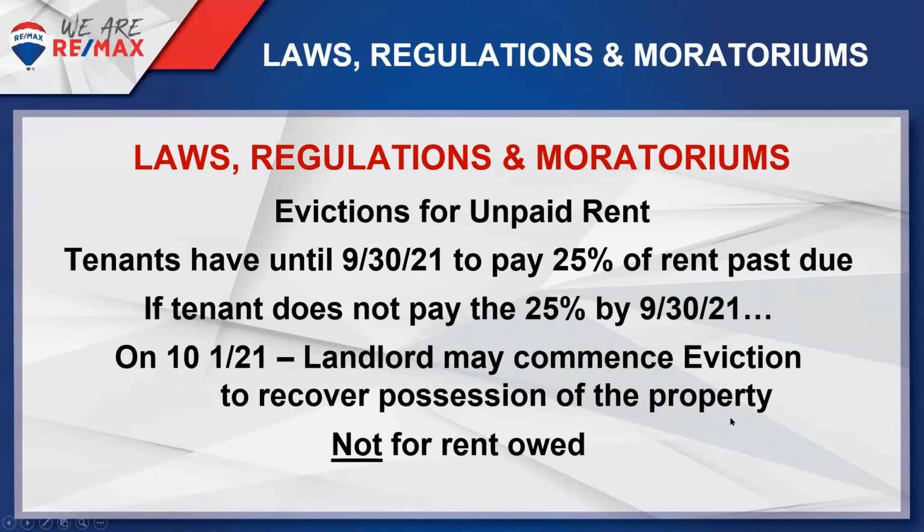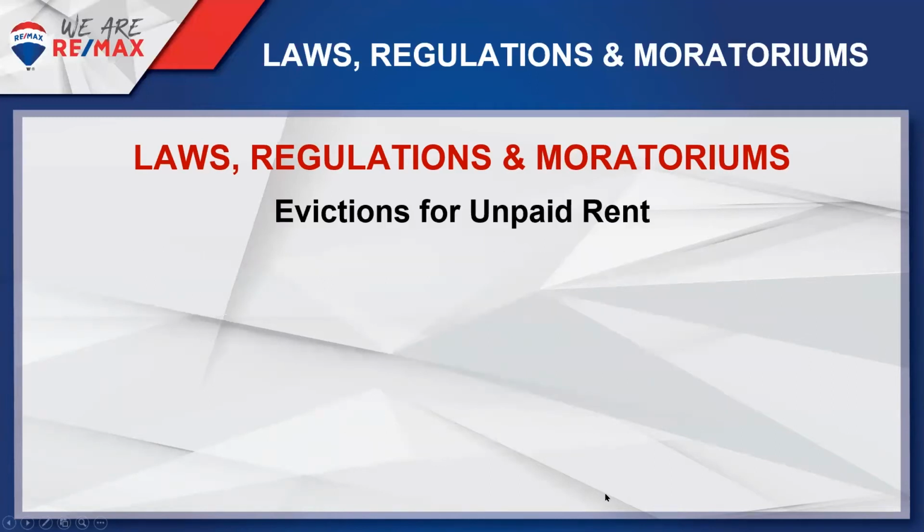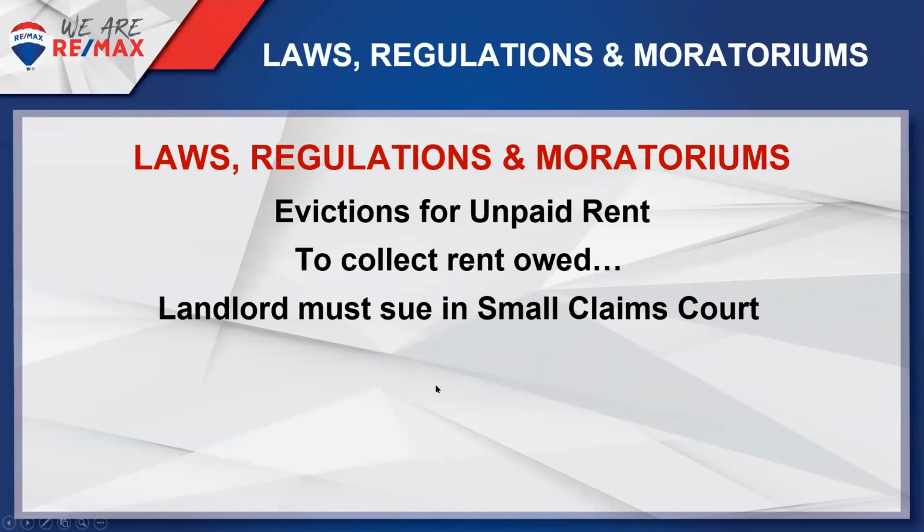So since COVID, the unlawful detainer would only give the landlord back their property, but it would not collect the money that the tenant owes the landlord. To collect the rent that's owed, the landlord must sue in small claims court, a completely separate action.